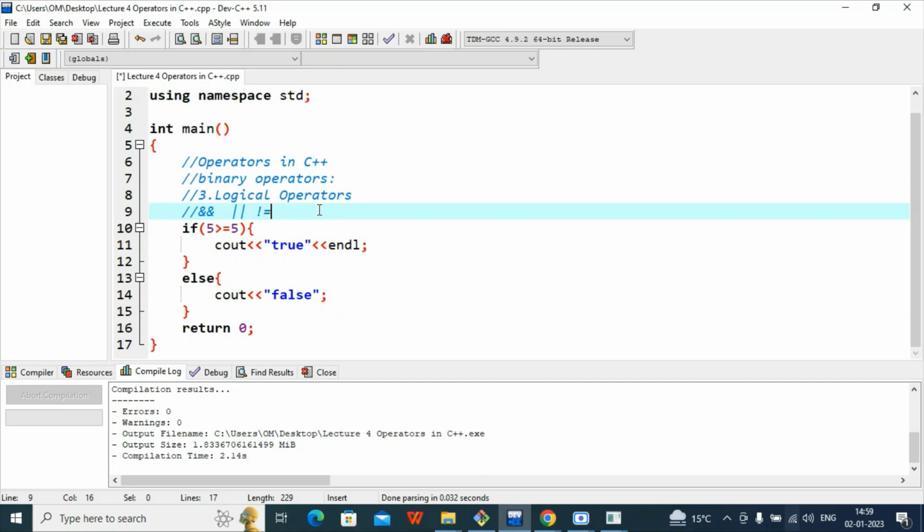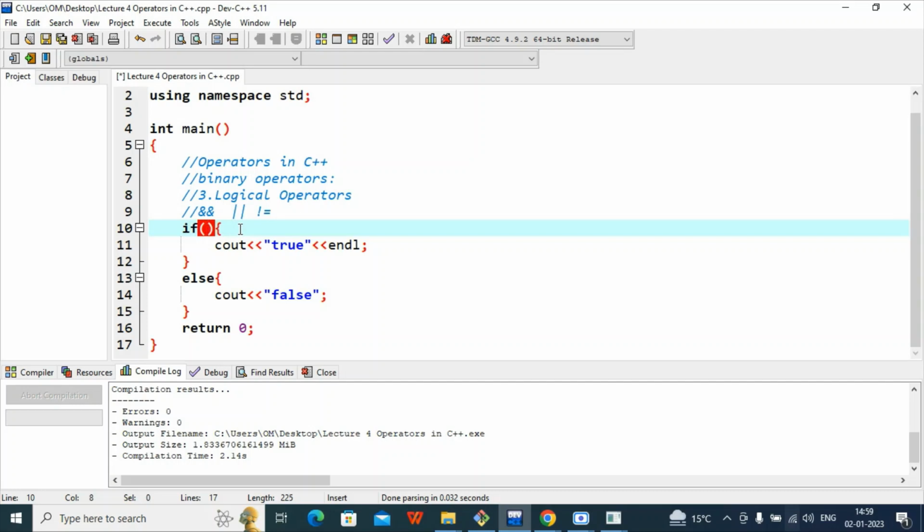Okay, so not equal to, right? It is also in the binary operator category, because here two expressions are checked. The number two is involved here, that's why it is binary. Earlier you were checking two variables, here you will check two expressions. Suppose I'm checking 10 greater than 2 and 100 greater than 2.